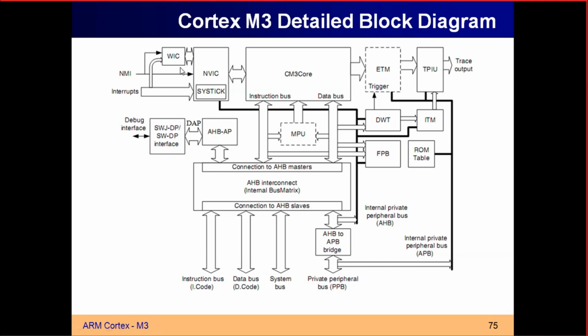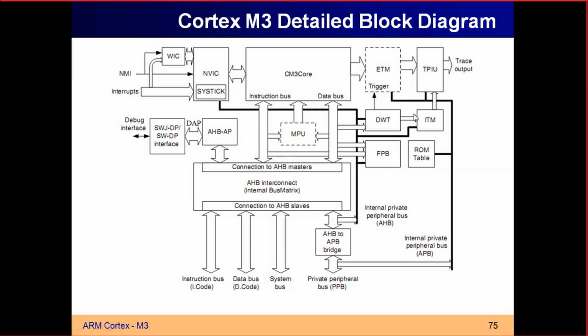It is used for waking up the processor from the sleep mode when an interrupt is generated. If it is not configured, then it will work in the normal manner. If it is configured, it can take the processor out of the sleep mode or deep sleep mode.